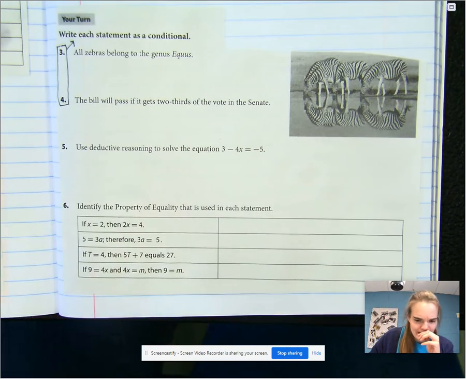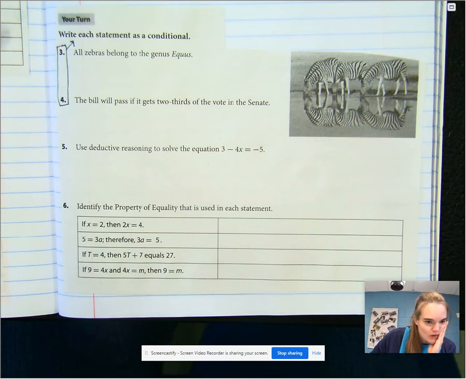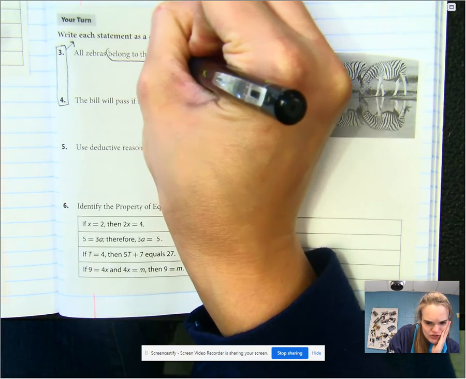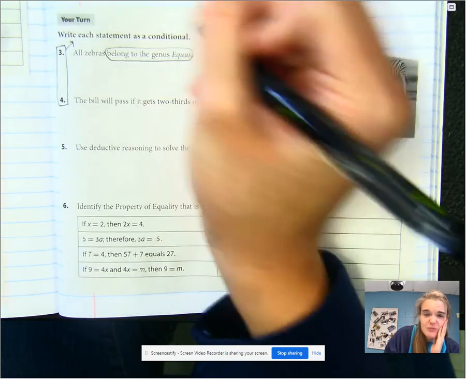So let's think about that. We need something if, then. Let's think about what our conclusion is. We're going to say our conclusion is they belong to the genus Equus. That means that's going to be at the end.